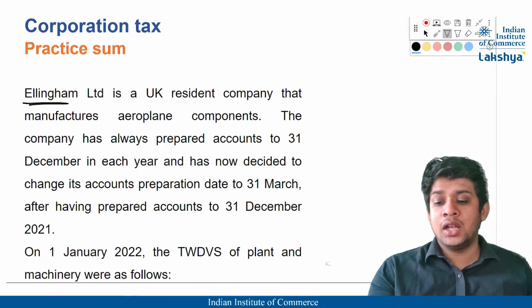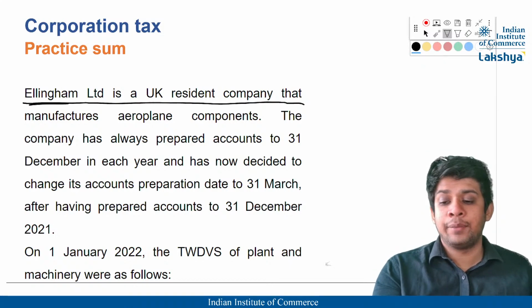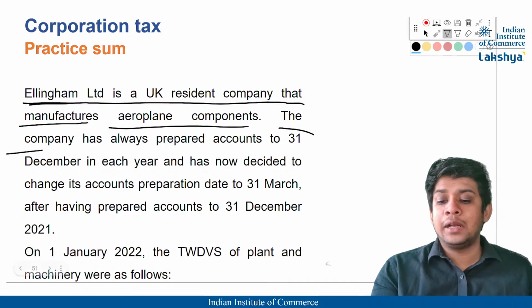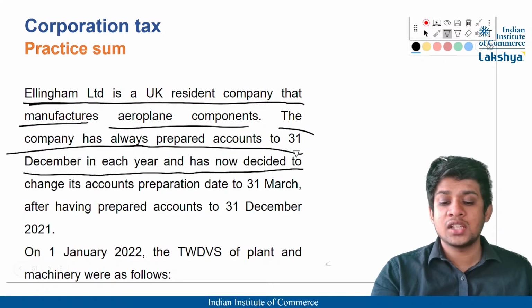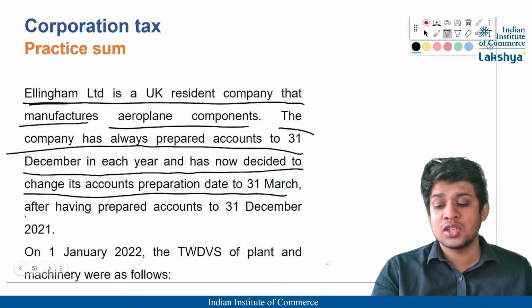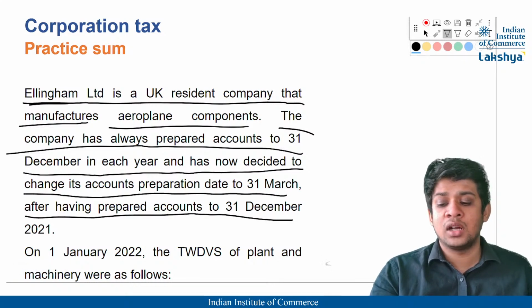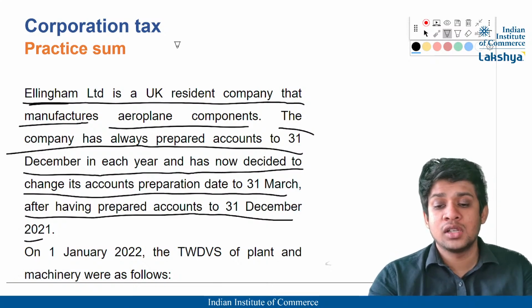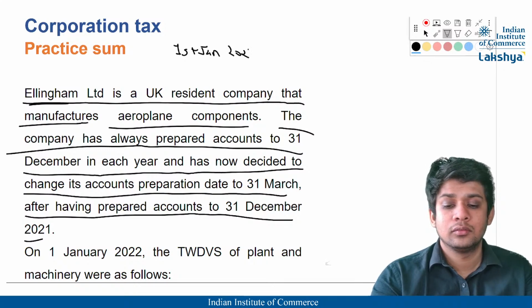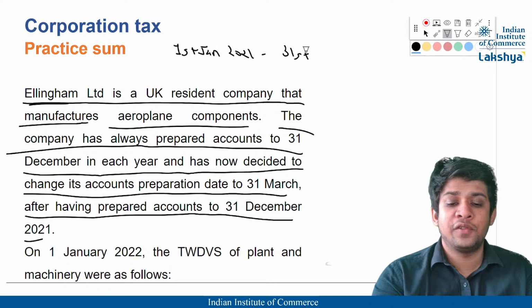Ellingham Limited is a UK resident company that manufactures aeroplane components. The company has prepared accounts to 31st December in each year and has now decided to change its account preparation date to 31st March, after having prepared accounts to 31st December 2021. That means they prepared the accounts from 1st January 2021 to 31st December 2021.